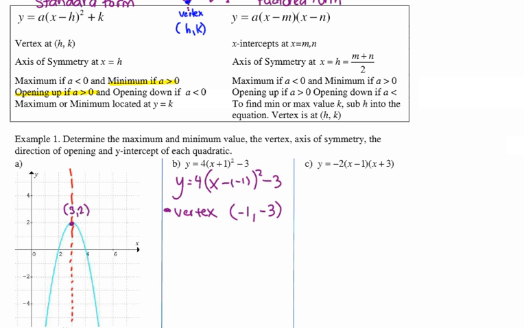Where do we look to figure that out? The very first number, our a value, will tell you if it opens up or down. So our a value in this case is positive. So if it's positive, we're opening up. That's important to know, since a is positive.